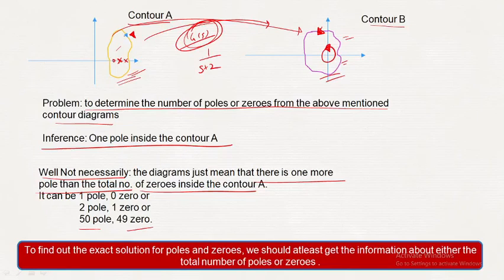Like here I am seeing that there is one encirclement, so the value of n is 1. यहाँ पे हमको कम से कम अगर ये भी पता चल जाए कि आपके पास सपोज पोल्स एक है, तो आप आसानी से बता सकते हो कि अगर आपके पास सपोज 0 1 है, तो आप आसानी से बोल सकते हो कि पोल्स 2 हैं. ओके, अगर एक भी जानकारी आपको यहाँ पता रहती, suppose you know that there are 49 zeros and there is only one encirclement, then definitely the system is having 50 poles. ओके, ये जो GS है इसमें definitely 50 poles हैं. So this is how you should know at least two of the quantities.